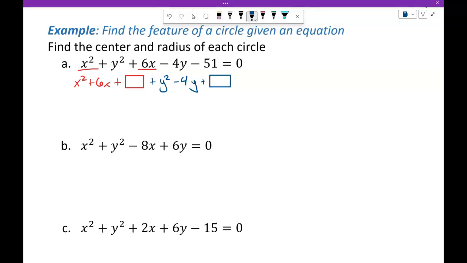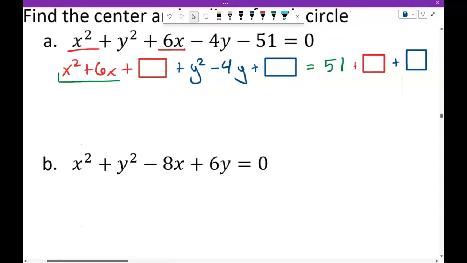And like before, anything that we're not completing the square on gets moved to the other side of the equation, and then we need to put in our squares again for our completing the square on the right side to keep our equation balanced. So anything that goes on the left also goes in on the right.